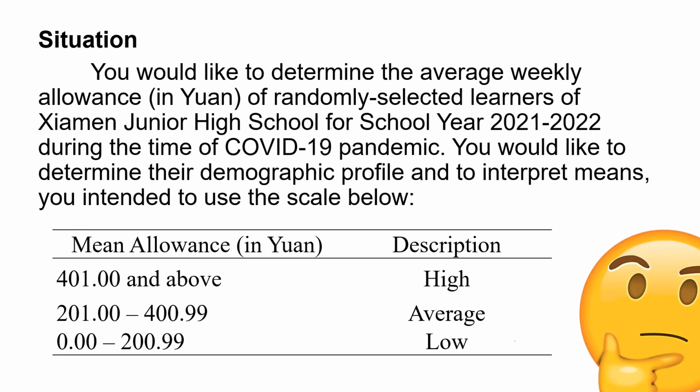This is just an example. If their mean allowance in Yuan is 401 and above, that's high. 201.00 to 400.99, that's average. And if it is 0.00 to 200.99, that's low weekly allowance. Again, this is just an assumption.